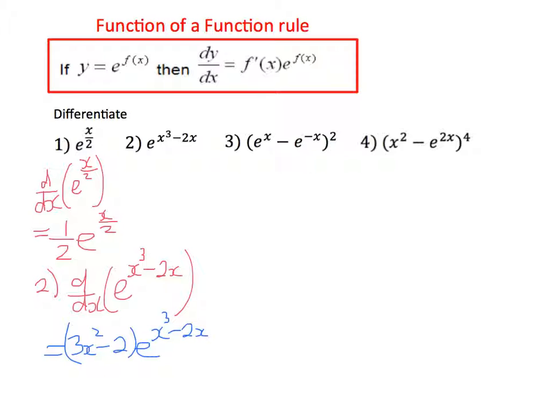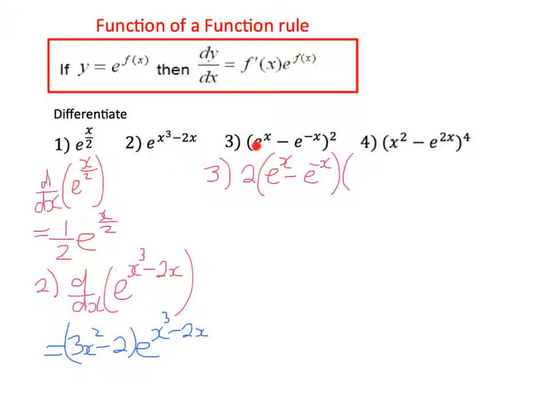In number 3 here, we have a function raised to a power. Just like we did in differentiating polynomial functions raised to a power, we bring the power down the front, we keep the stuff in the brackets exactly the same, and subtract 1 from the power, so 2 minus 1 is 1. And then we multiply by the derivative of what's inside the bracket.